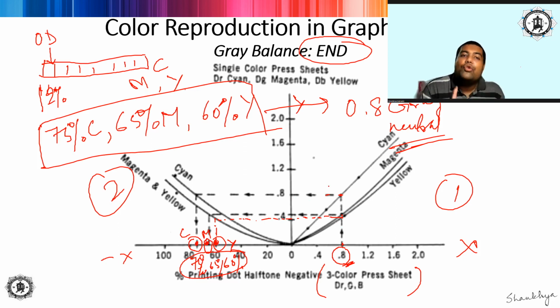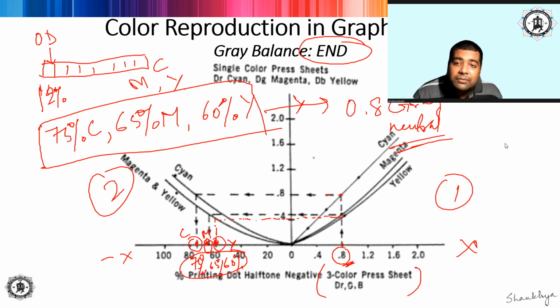Here, one important assumption we are making. What is that assumption? That for the gray over here in this particular axis, that is the positive x-axis, all these densities that we obtained from the three color print, there is one assumption.